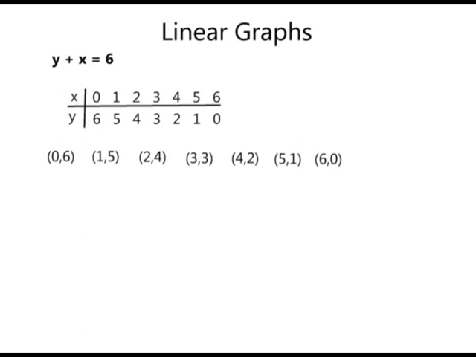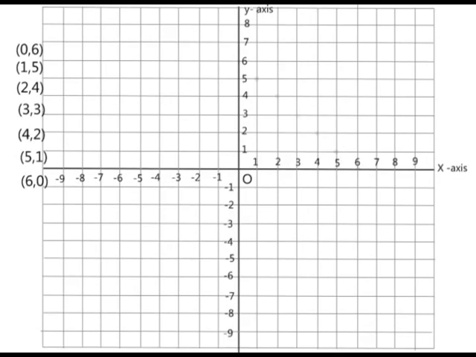If we plot these points on our Cartesian plane, let's see what we have. These are the points. Now if you join them, you realize you are drawing a straight line. This is called a linear graph.